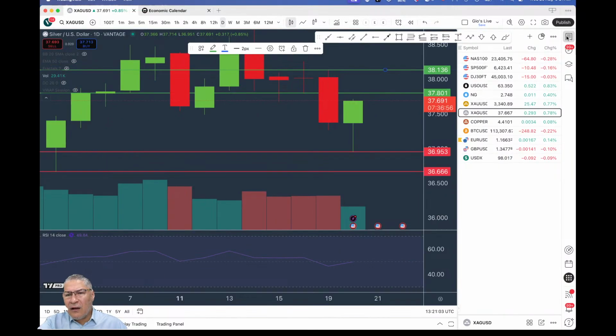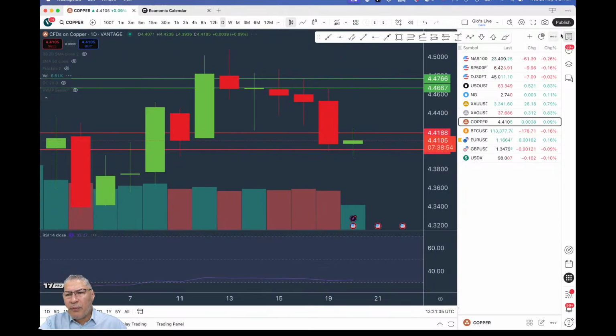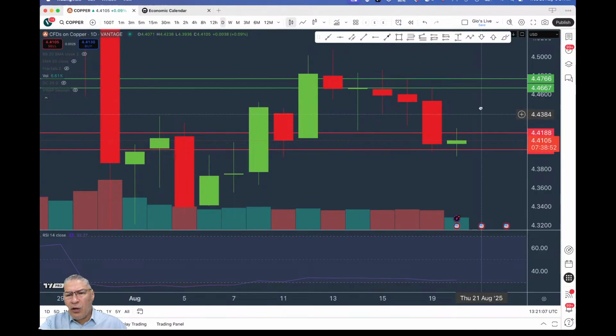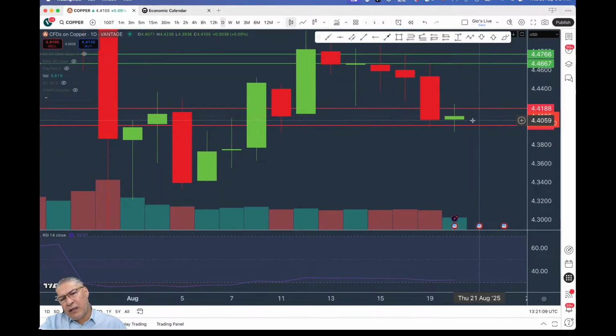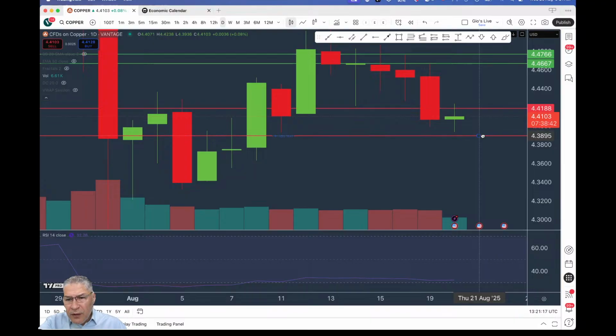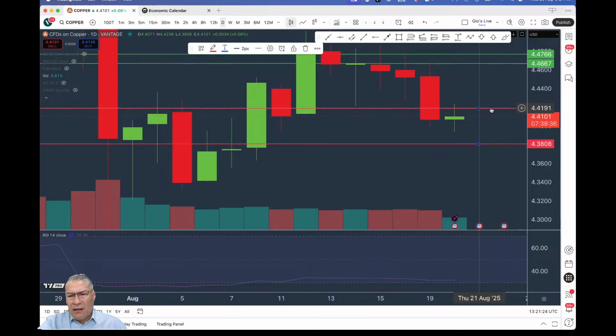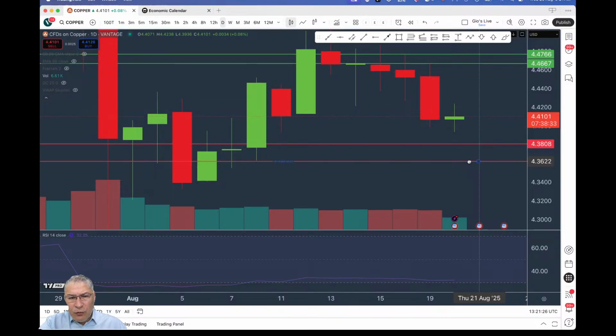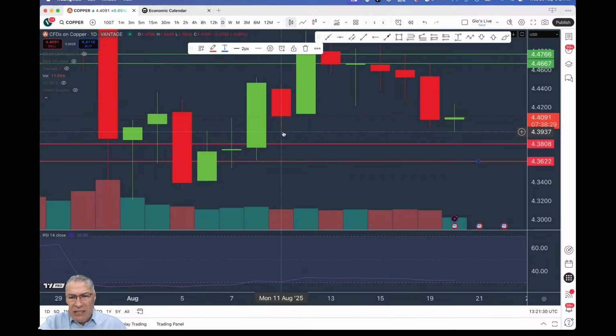All right, now let's take a look at copper. Copper seems to be giving us some sort of a reversal move here on this push lower. So from here, I'm going to use 4380 and then the previous swing low, because this swing low matches this swing low.